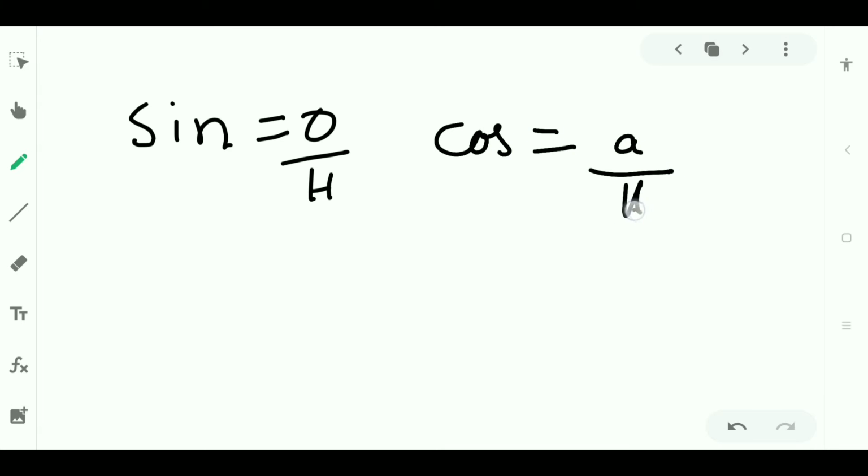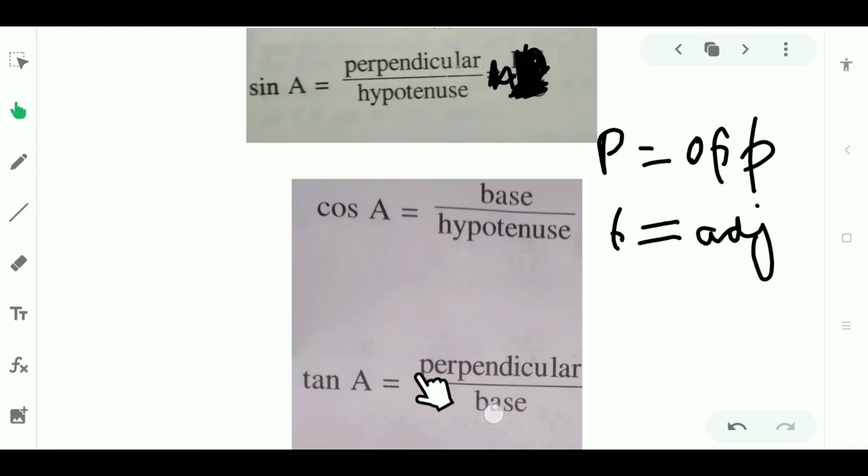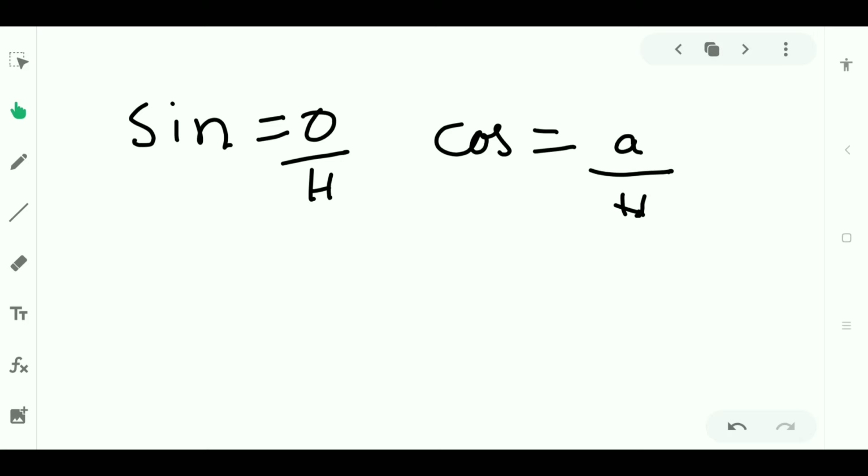And tan is perpendicular by base, that is opposite by adjacent.